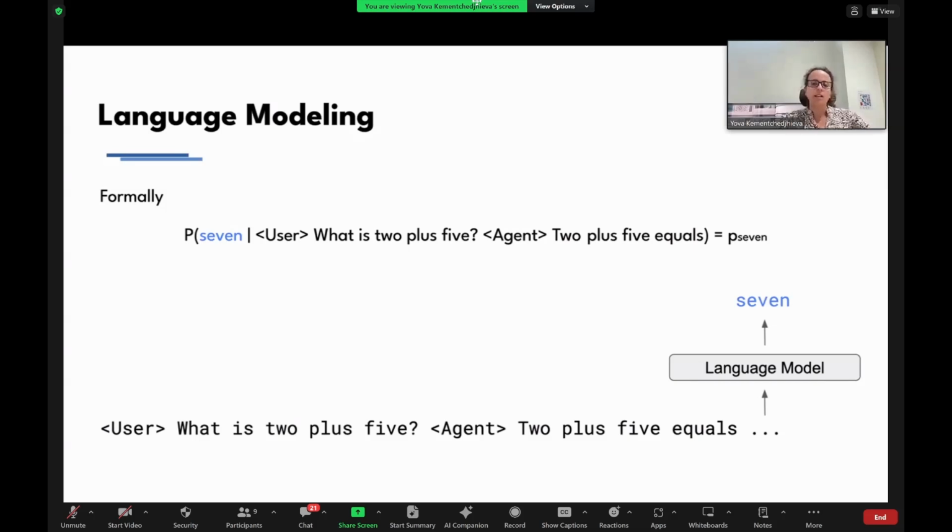If we assign this probability to P of 7, then we want a language model that for this specific context will give us a P of 7 that is higher than the probability it would assign to the word 8, that is higher than the probability it would assign to the word 20, that is much higher than the probability it would assign to the word egg, which is completely irrelevant in this context.